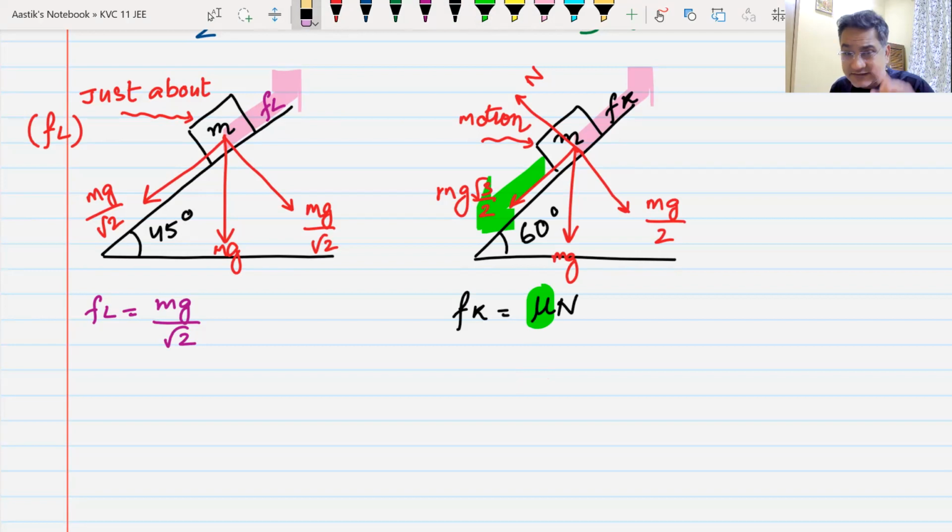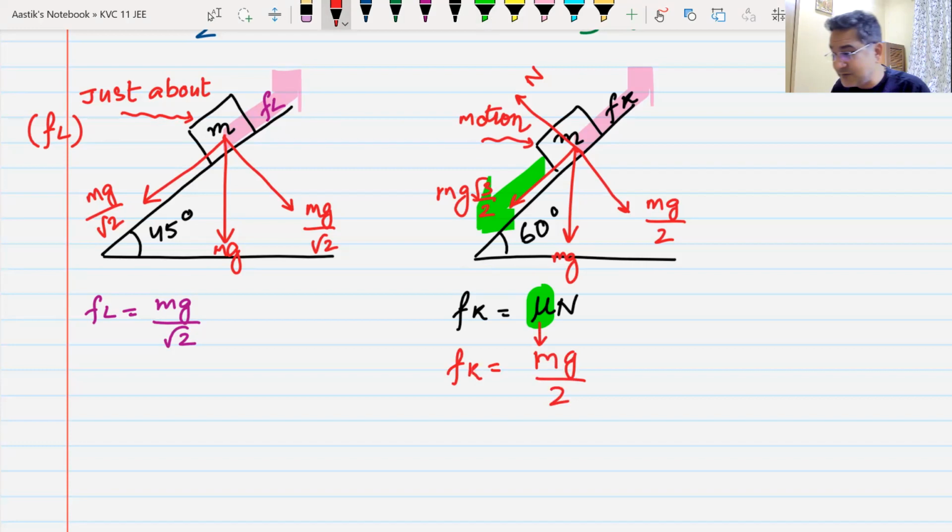Remember, this mu is tan of the angle of repose. Yes or no? So this mu, my dear friend, is 1. And this N is mg by 2. So my answer is mg by 2. That is your kinetic friction, my dear friends.